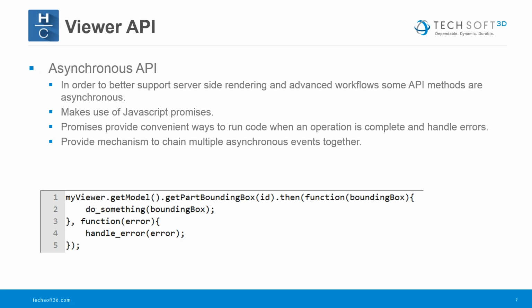That promise contains the information you're looking for, like the bounding box, and then you operate on that data asynchronously. It takes a little getting used to, but it shouldn't be too difficult, and it was really necessary to make sure the client is not blocking and that we can do the server-client communication required for the new architecture to work efficiently. It also handles error messages very well. So I think it's a very easy and convenient way to work in this kind of asynchronous environment that is essentially the new world of Communicator.